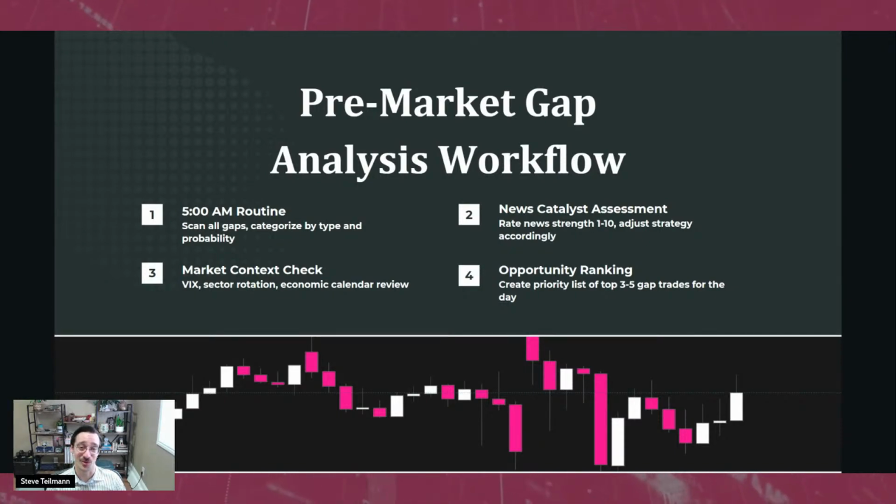So I think it is important to not overcommit on these setups. Just take 1, maybe 2. And if you do take more, it's really important to practice discipline and have strict risk management. If you're taking the entries on the gap reclaim and you have a couple and you're not able to watch all of them especially, I think it's really important to tighten up those stops. And it's okay to get stopped out at break even.